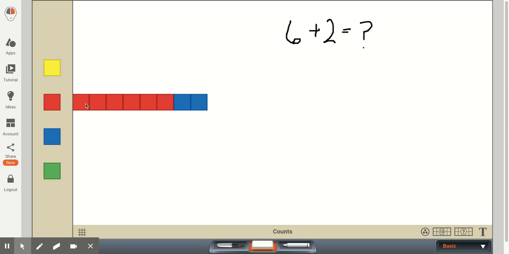So eventually, your students will realize that when they count these 6 red counters, they have a total of 6. So when they want to count all of the red and all of the blue, they simply can start with the number 6 and then count on. So it would be 6, 7, 8.